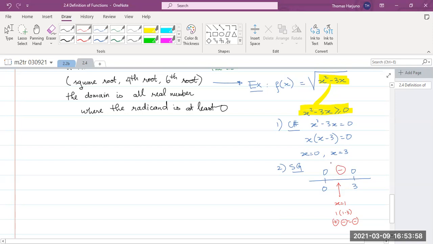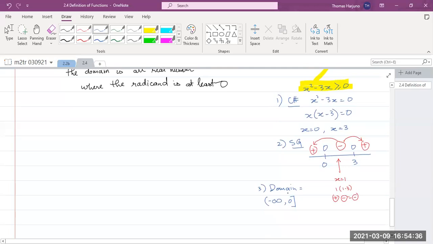Because the critical numbers x equals 0 and x equals 3 have odd multiplicity, every time we jump across a critical number, the sign changes. So finally, the domain is all those regions that have positive or 0 sign: from negative infinity to 0, union 3 to infinity.